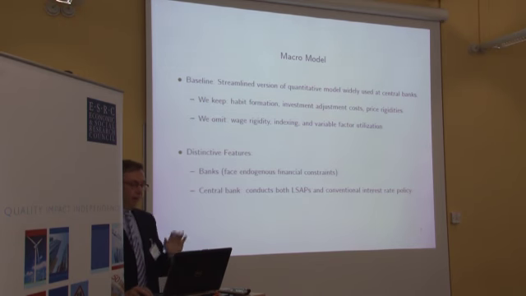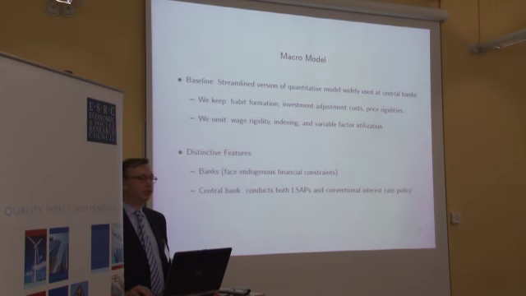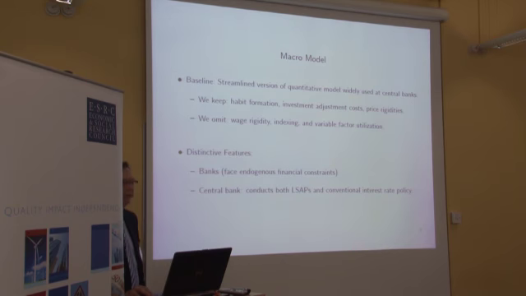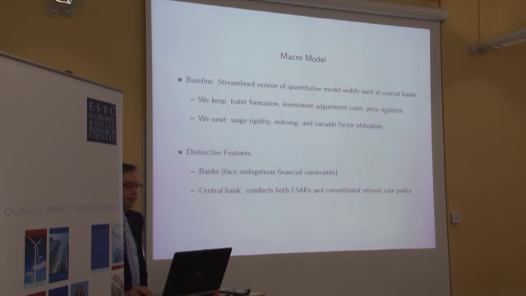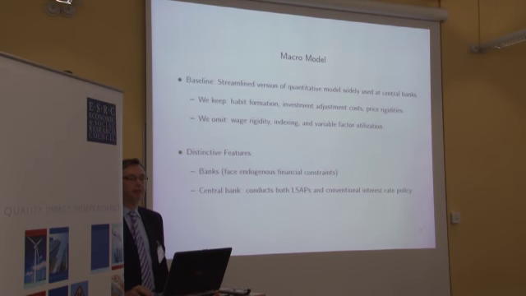The macro model: I'm going to start with the conventional DSGE that was in operation in 2007, and obviously we're going to have to modify that. We've worked with a streamlined version of it. What's going to be different is that we're going to include banks, and these banks are going to face endogenous financial constraints.